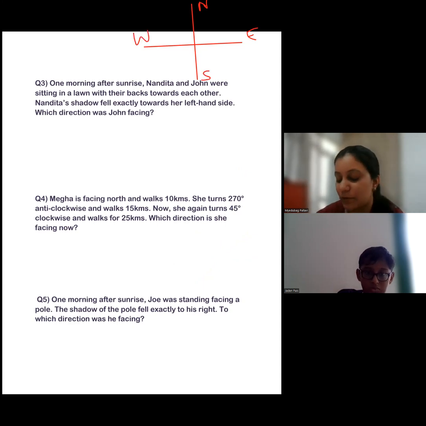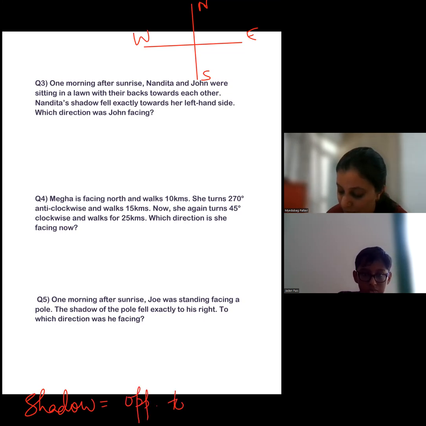About shadows, what we studied is that shadows are always formed opposite to the sun. So whatever is the position of the sun at that particular point of time of the day, the shadow will be on the opposite side.